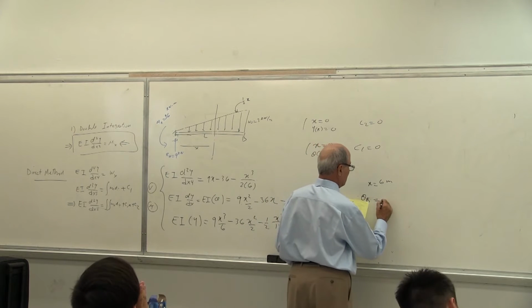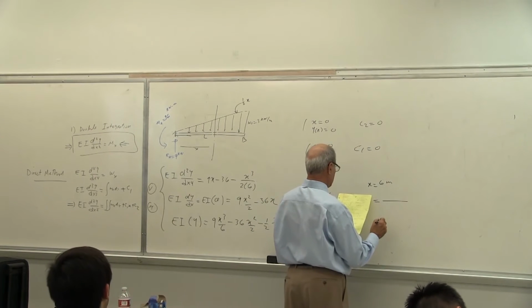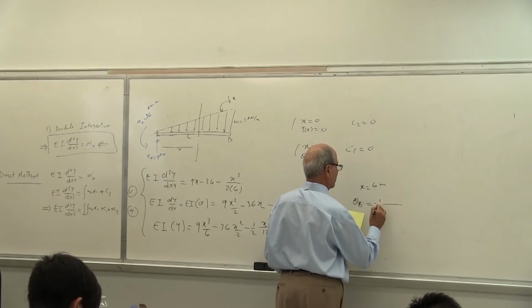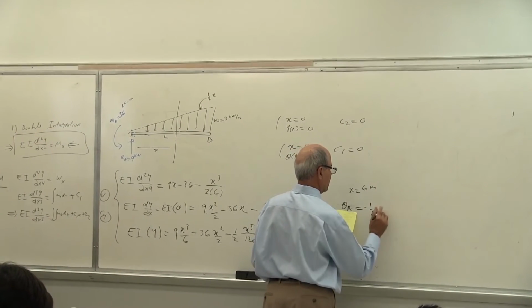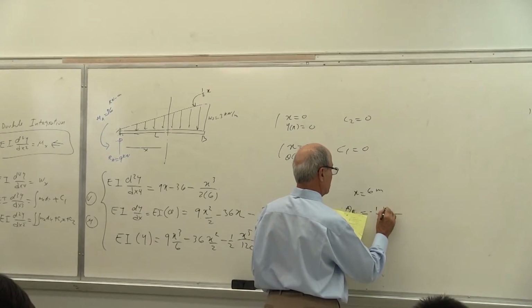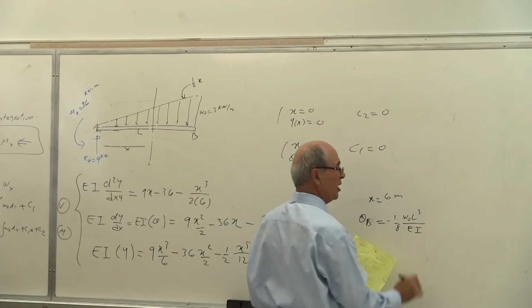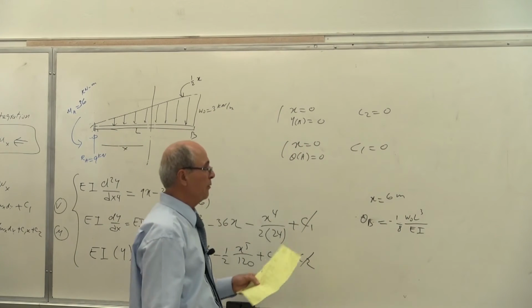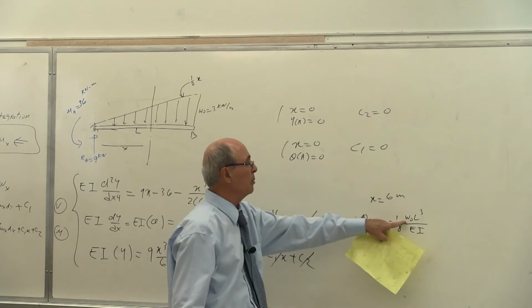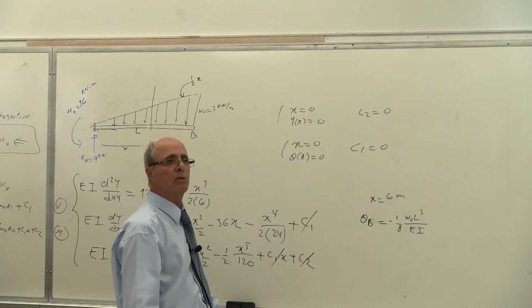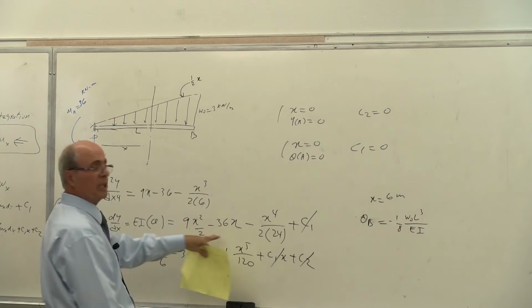Theta B ends up to be equal to, please write it down, minus 1/8 times W0 L to the power of 3 divided by EI if you do it with the general format. If you do it with the numbers, of course, W becomes equal to 3, L becomes equal to 6, which you have to put here.